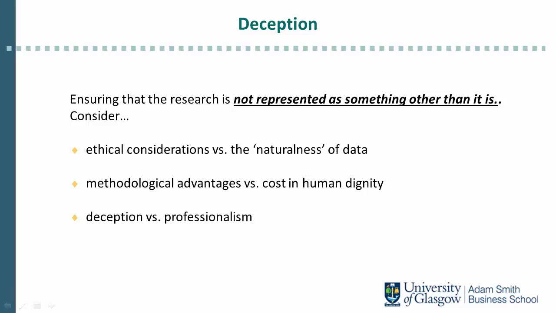What is meant by that is that often researchers want to limit participants' understanding of what the research is about so that the participants respond more naturally to the experimental treatment. Indeed, some ethical codes appear to condone the strictly bounded use of deception in order to preserve the naturalness of data. That is perhaps the case in some fields of study.